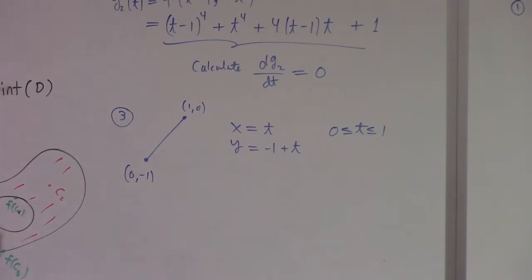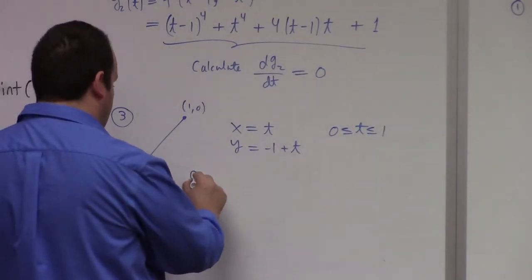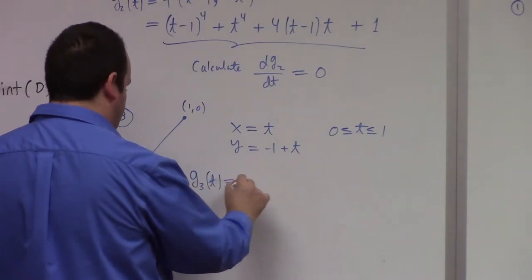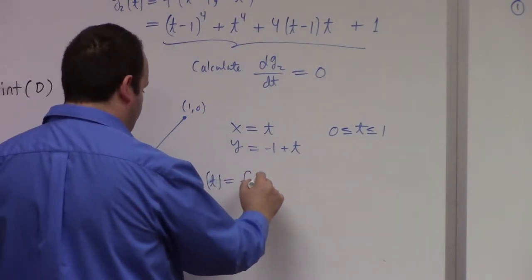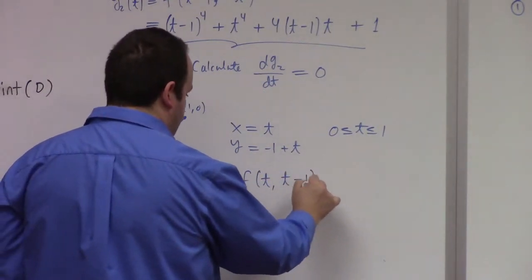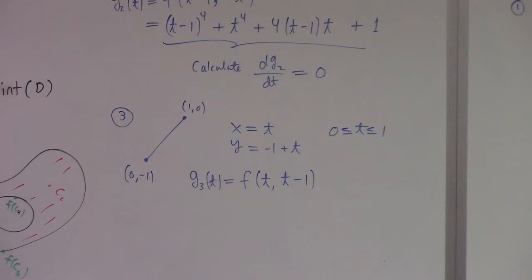Good. And so that will give us g3 of t, which will be defined as the restriction of f to this line segment. So it's going to be f of t comma t minus 1, which by symmetry has to have the same min-max structure as the other line segment, because x and y appear symmetrically in this formula.